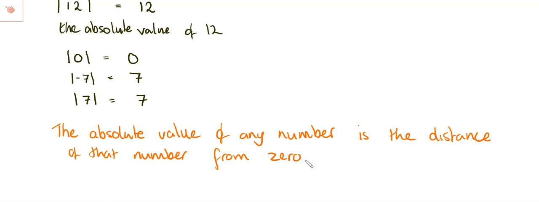They never change, right? So we do have things that replace positive and negative words, like east, west, north, south. But the absolute value is simply how far away that number is from 0.